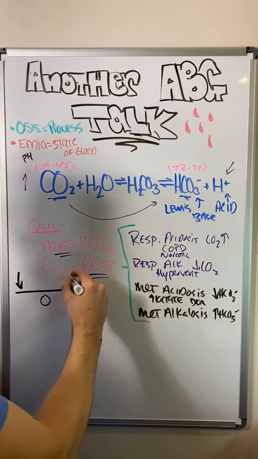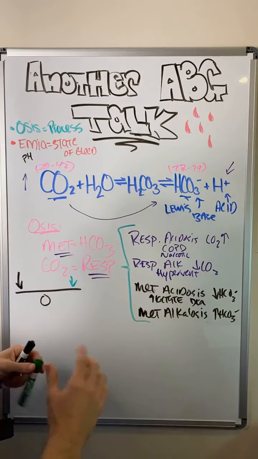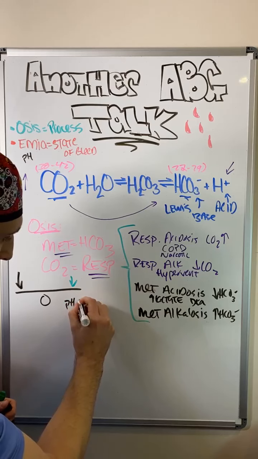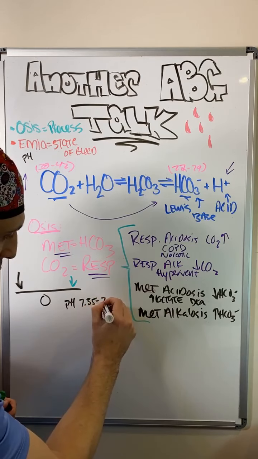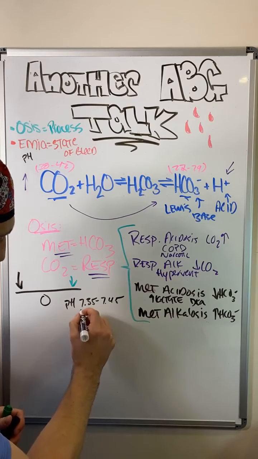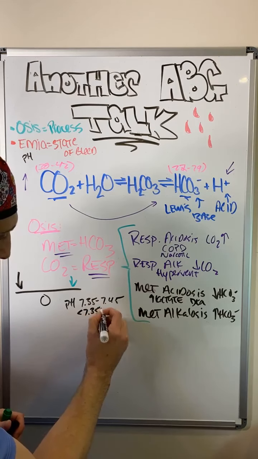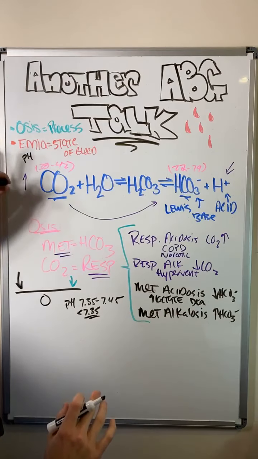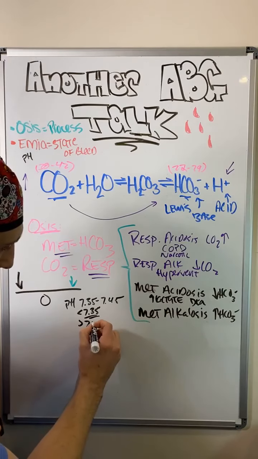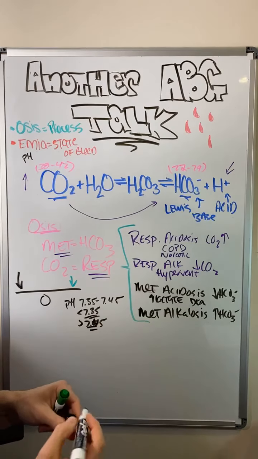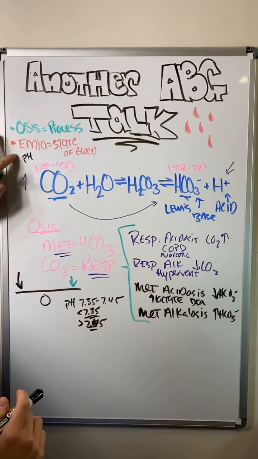And whatever we land on, if our pH ends up being normal, 7.35 to 7.45, then we're normal. But if our pH is less than 7.35, we call this an acidemia, and if it's greater than 7.45, we call this an alkalemia. Again, because that's the end state of the processes that are happening.